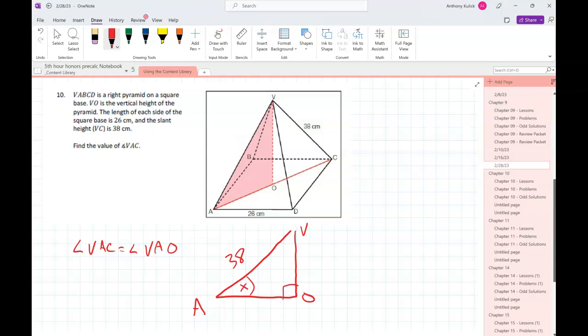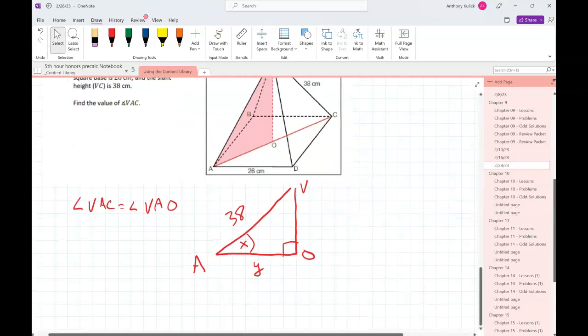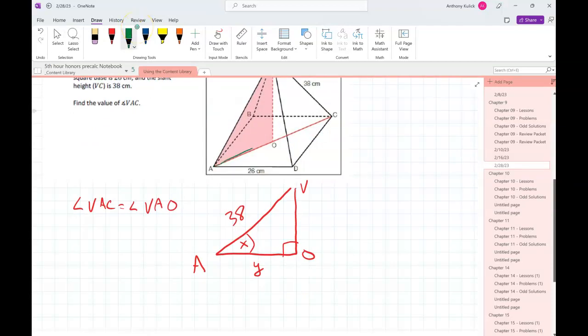Now, what I'm going to do is find AO first, and using that answer, I'll then calculate X. Is that cool? Okay. So I know that AO is going to be half of AC.